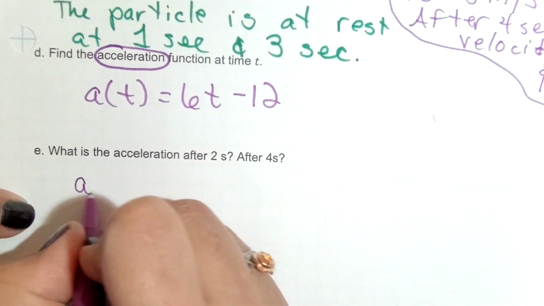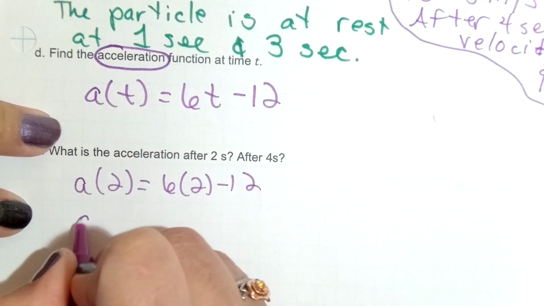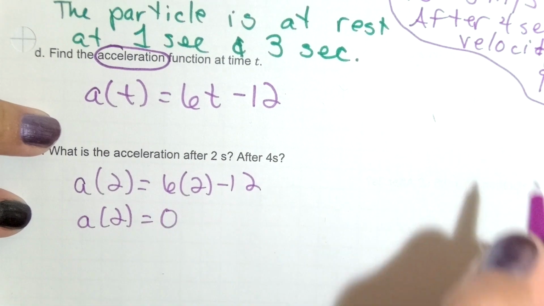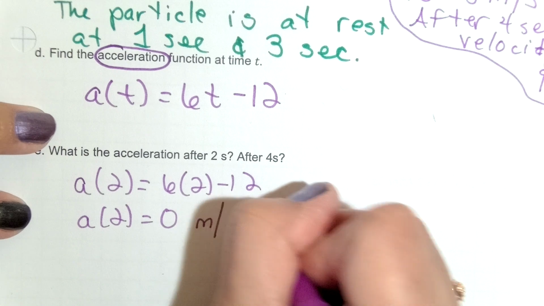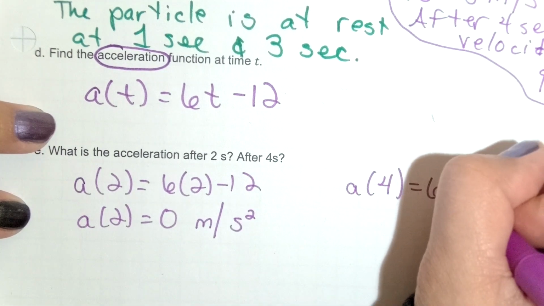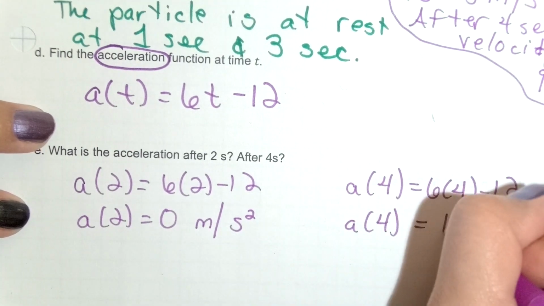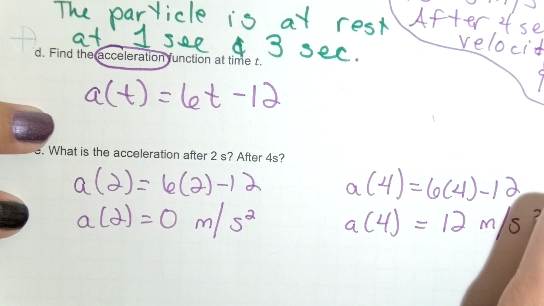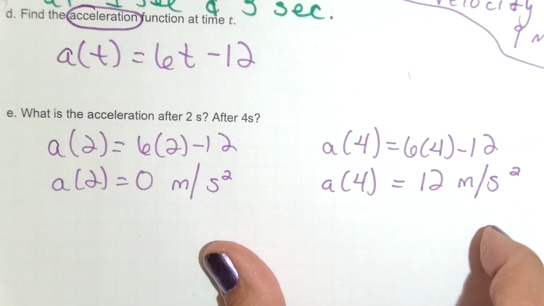So it's going to be A of 2 is equal to 6 times 2 minus 12. A of 2 is 0 meters per second squared. A of 4. And then you just write your little phrase.